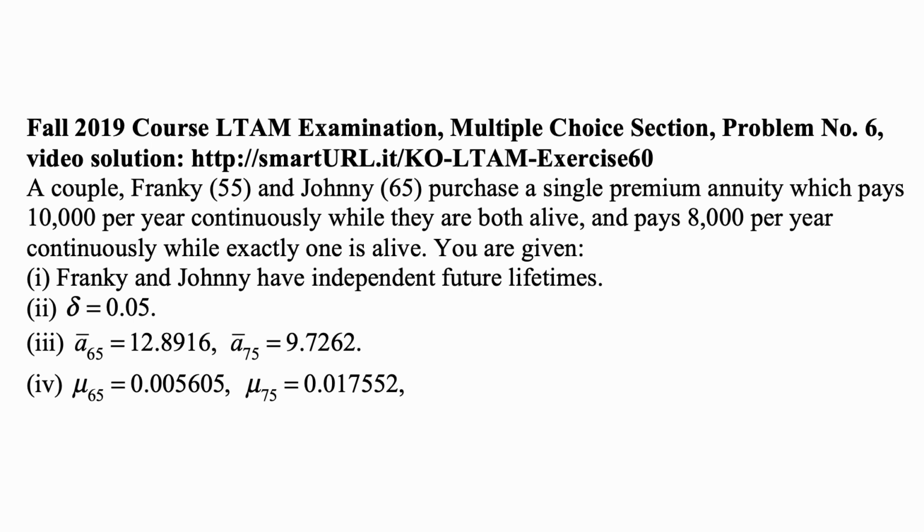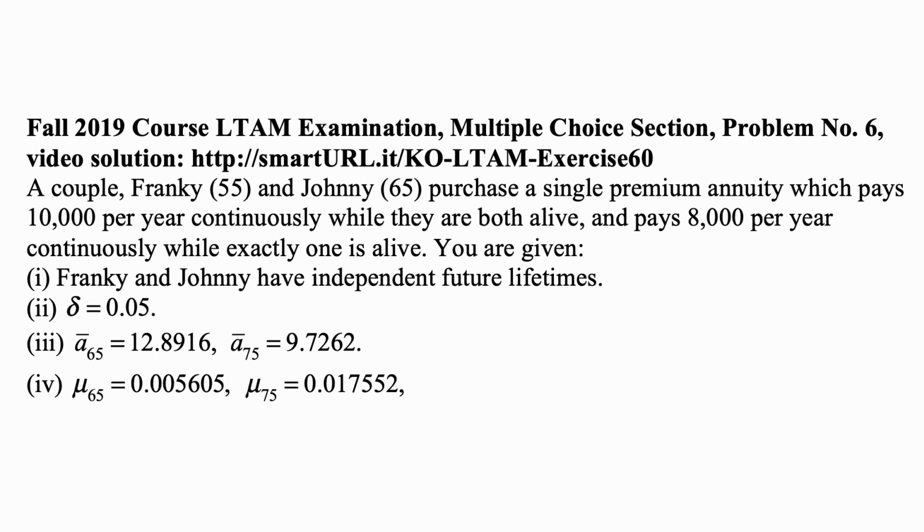Delta, the force of interest, is 5%. A bar 65, that's the cost of a continuous life annuity on a 65-year-old, and Johnny is 65, is 12.8916. And A bar 75, well, no, none of them is 75, although Johnny will be in 10 years, and at that time Frankie will be 65, so this really refers to a situation 10 years from now.